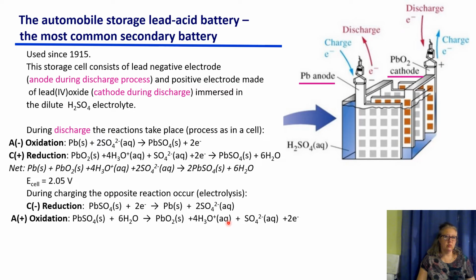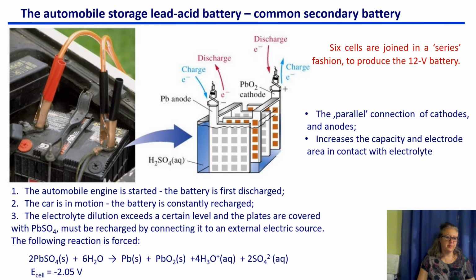When an automobile engine is started, the battery is first discharged. When the car is in motion, the battery is constantly recharged by an alternator powered by the engine.